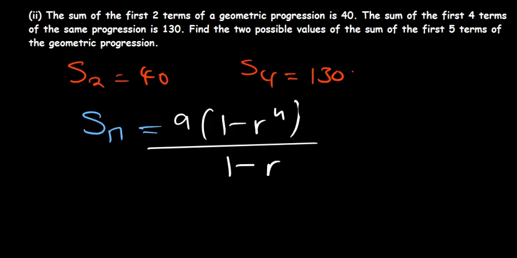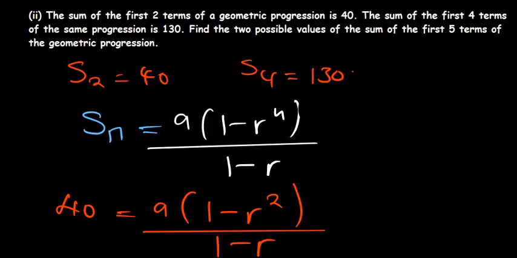So how do we handle this question? Let's try to substitute in our formula for the sum. The sum of the first two terms we're told is 40. So 40 equals a, where we don't know the first term, and we don't know r, but all we know is this is the sum of the first two terms.